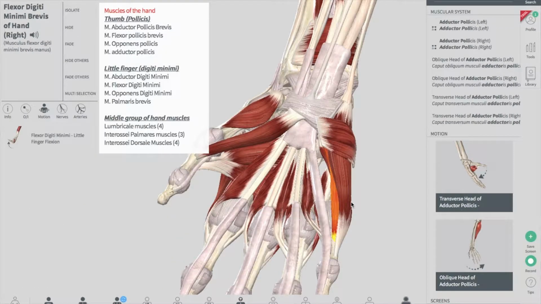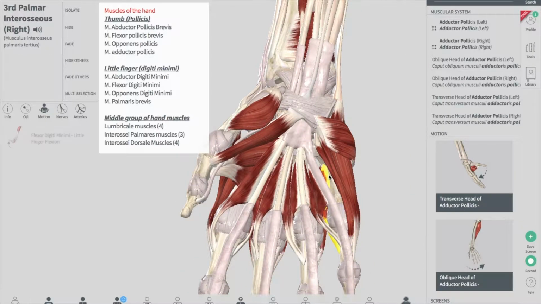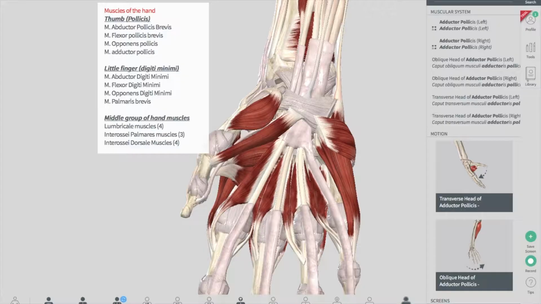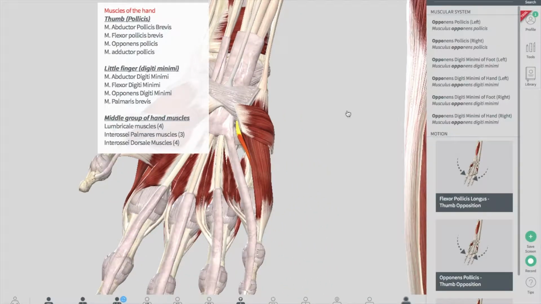And then we have the opponens digiti minimi. Let's see if I can highlight it here. It's not this one. Opponens digiti minimi. Here it is.